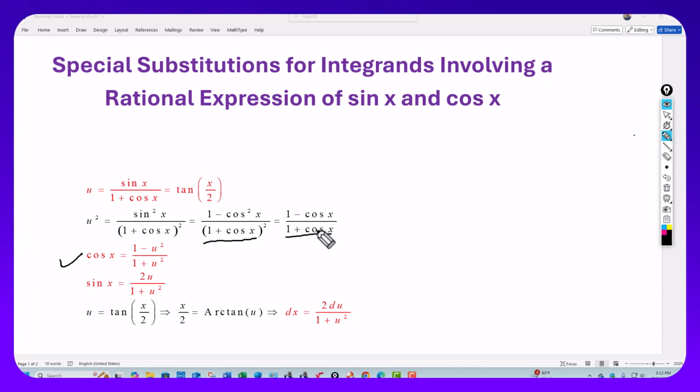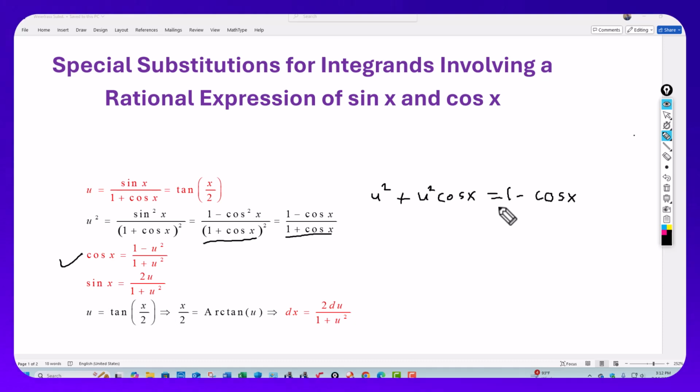So in other words, multiplying both sides by 1 plus cosine of x, we get u squared plus u squared cosine of x on the left side, and on the right side we're left with 1 minus cosine of x.